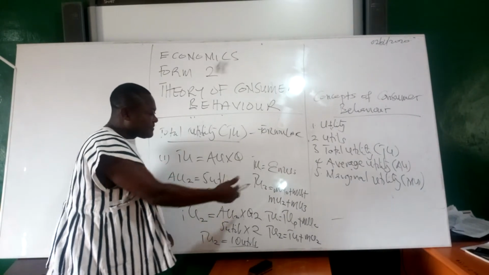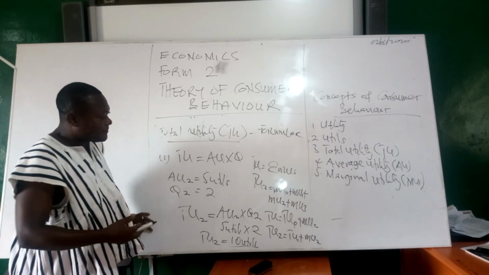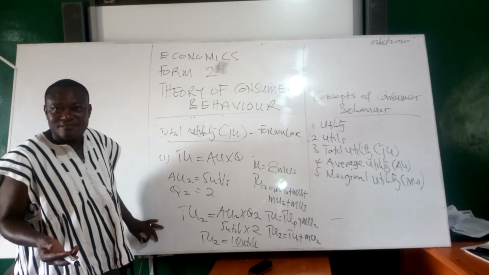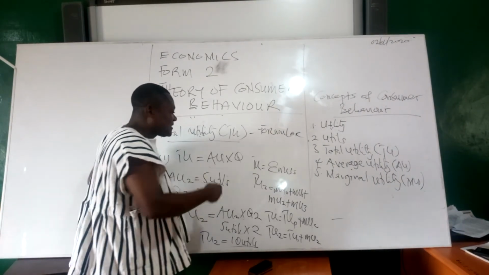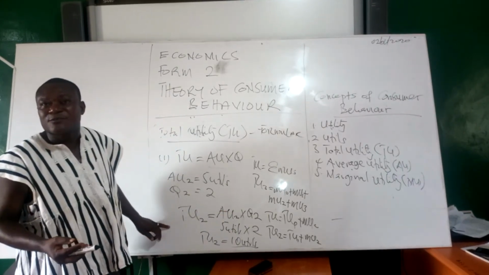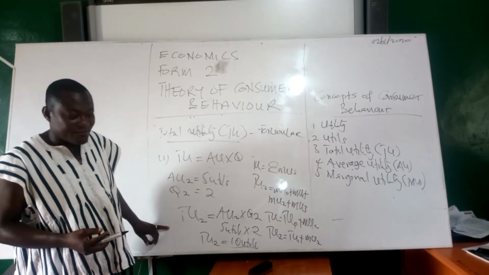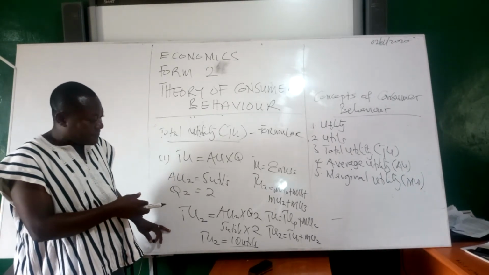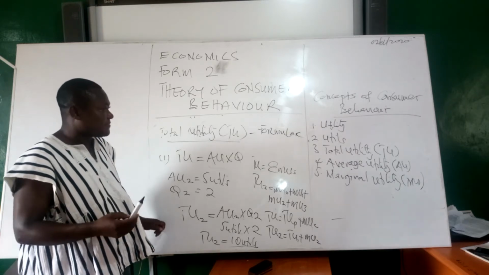I'm giving all this because sometimes they may give you the marginal utilities without the average utility. So when the average utility is not given, then use the marginal utilities to find your total utility. So it's very important to learn all three methods of calculating the total utility.